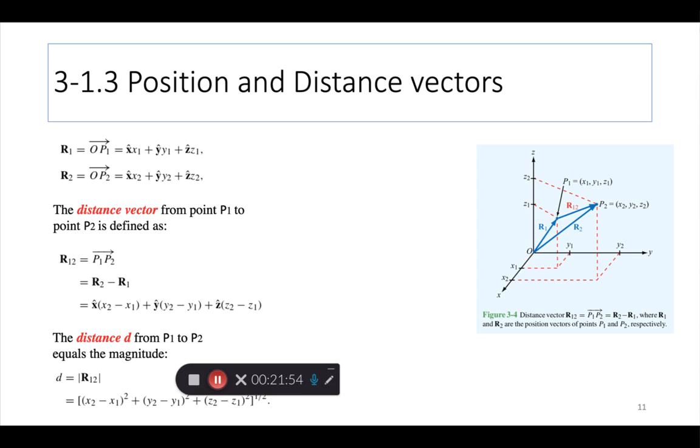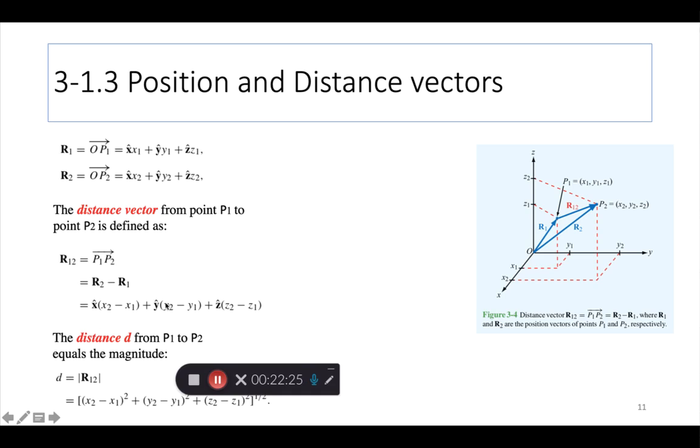Now, what is a distance vector? If you want to find a vector that describes the path from P1 to P2, such a vector is called a distance vector from point 1 to point 2 and is written like this, R12. So it has two little digits in the suffix. R12 is P1 to P2, and it's generally derived as R2 minus R1, which is the difference of these two vectors.